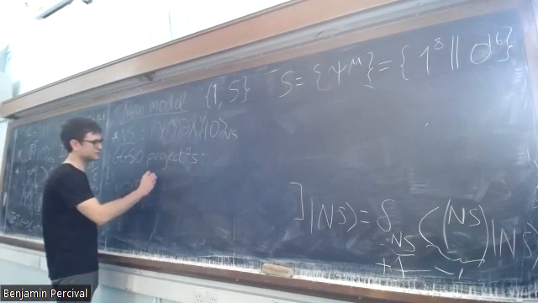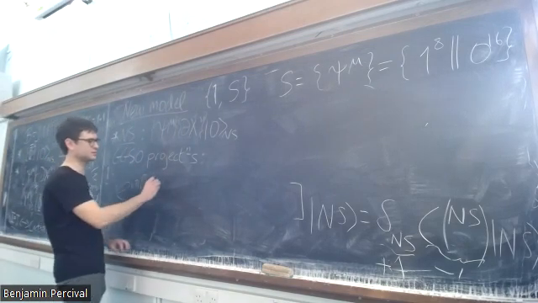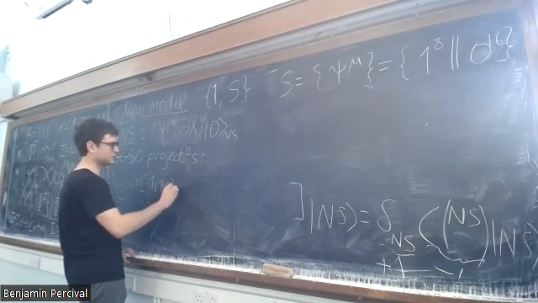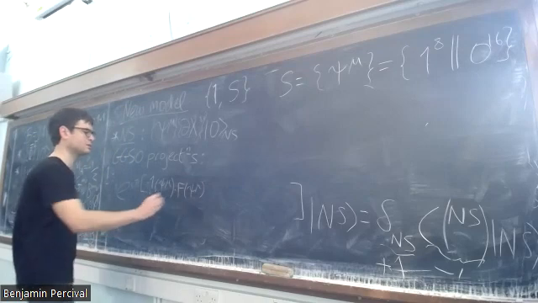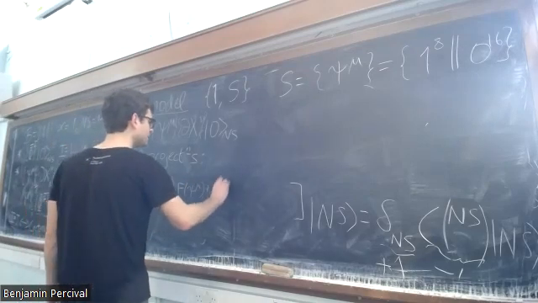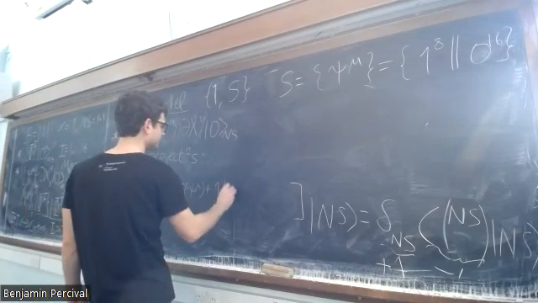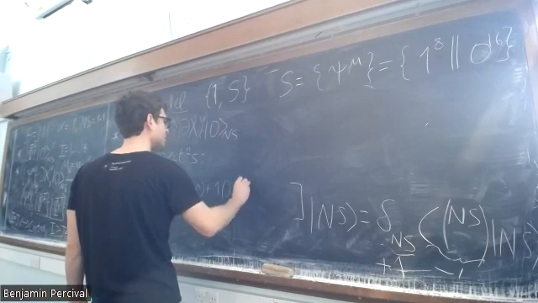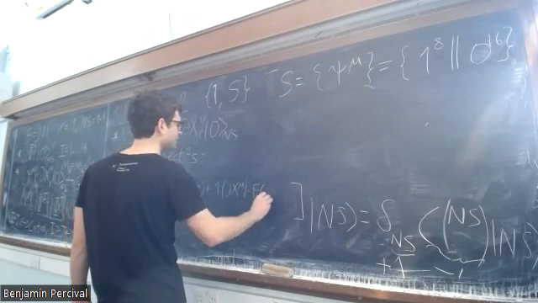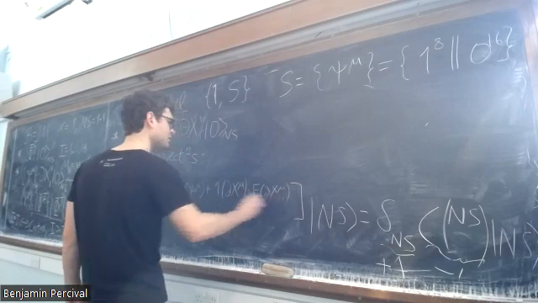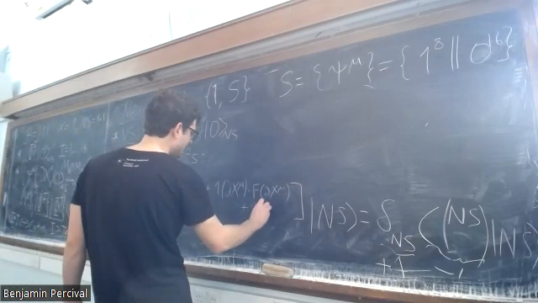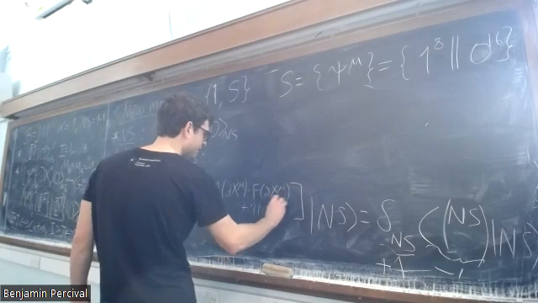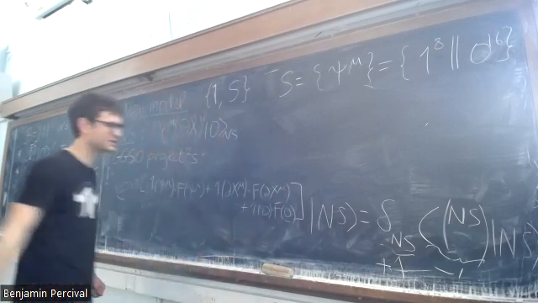And you should find you've got 1 acting on this, dotted with the fermion number of psi mu, plus 1 acting on delta x mu, dotted with the fermion number of delta x mu, and then plus 1 acting on NS dotted with the fermion number of NS.